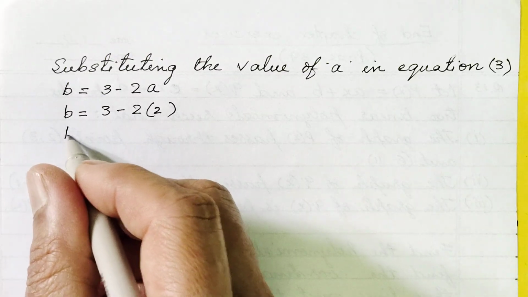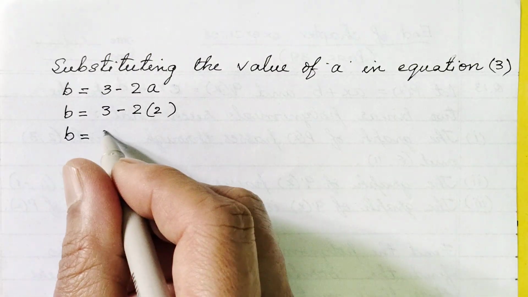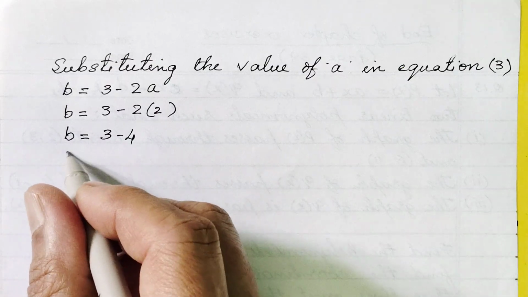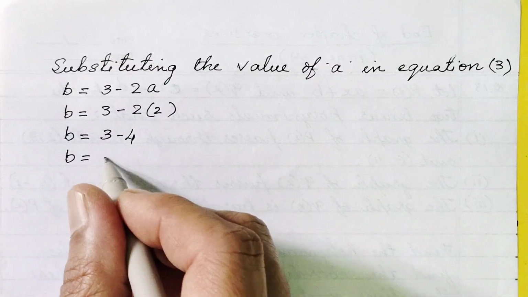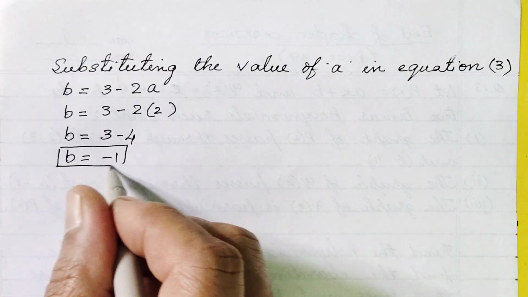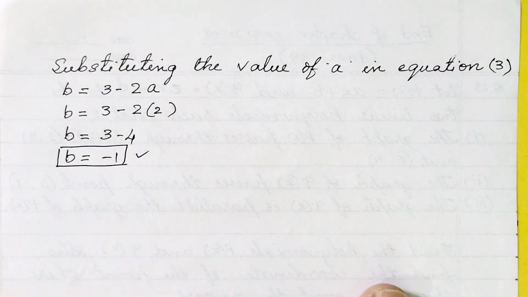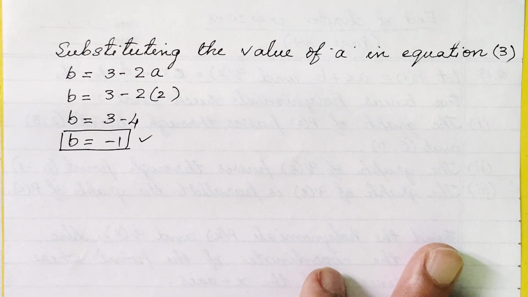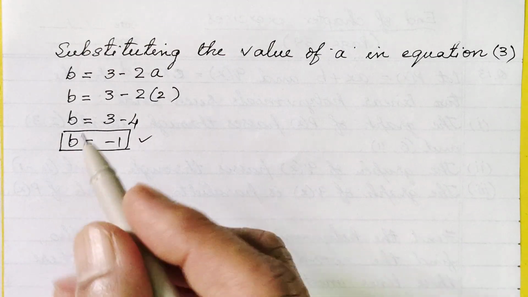So b will be equal to 3 minus 4. So b is equal to minus 1. So here I got the value of b. So now we have found the value of a and b.